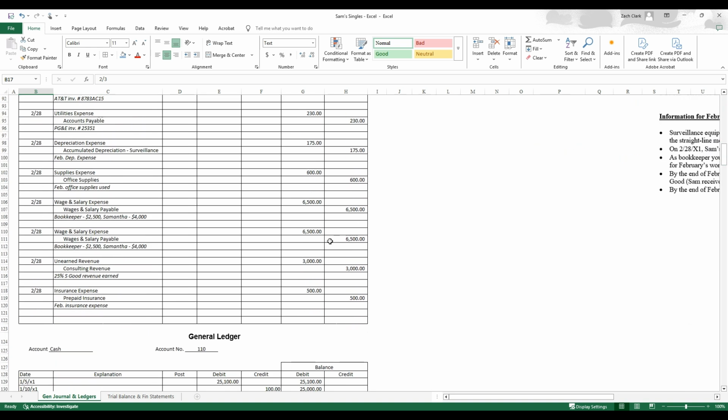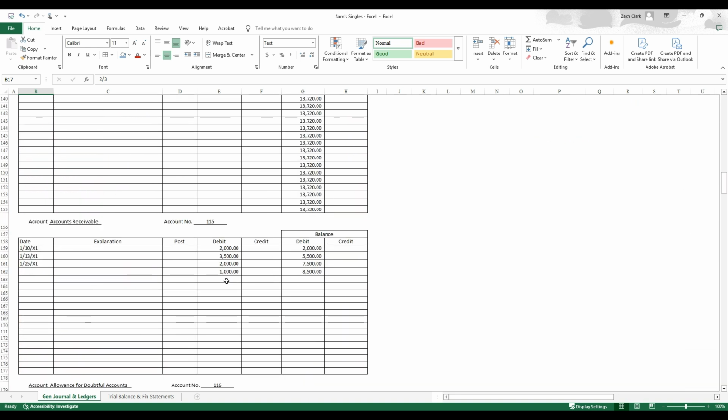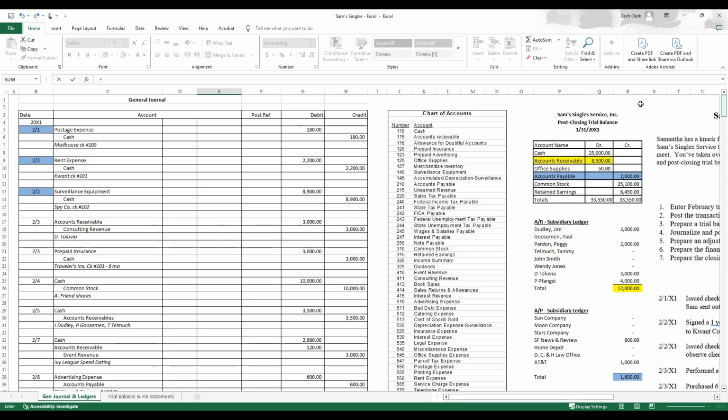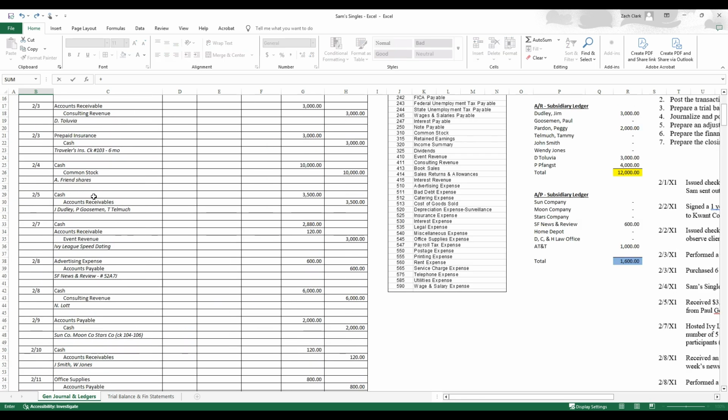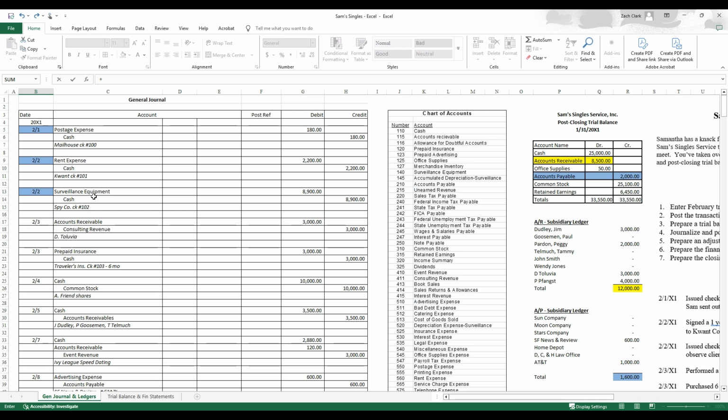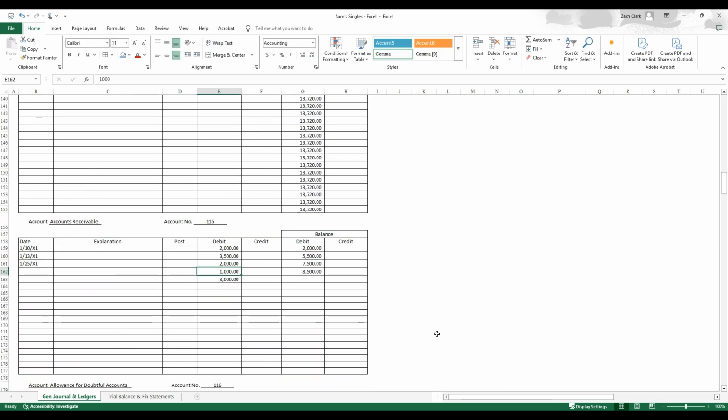All right, next one on the third, we have accounts receivable and consulting revenue. So let's go find AR. Oh, I think I'm missing something. Let me check. I've got an entry there with no date.